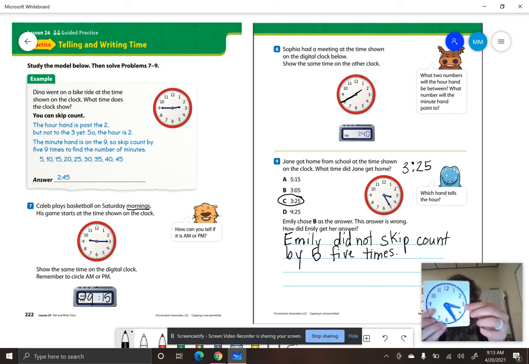So it's really important, Smarties, if your long hand, your minute hand, is on top of a number, remember that is a group of 5. That is a group of 5.